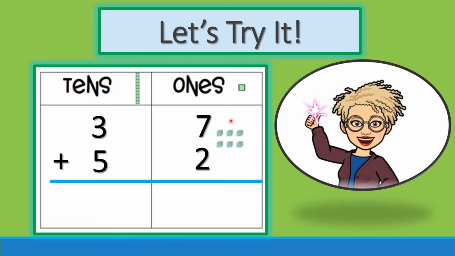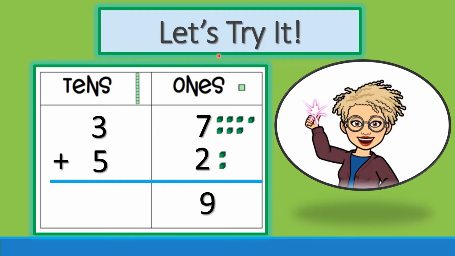We understand that when we add, we have to count the groups all together to find the sum. So super counters, are you ready? Well, here we go. 1, 2, 3, 4, 5, 6, 7, 8, 9. So our first sum here then is 9.